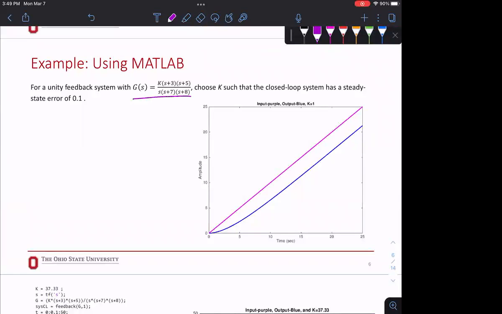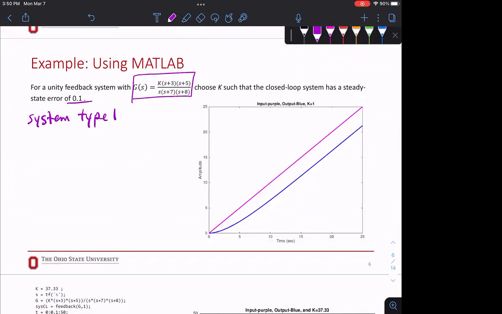Your G of S, let's say, is K times (S plus 3)(S plus 5) over blah, blah, blah. What system type? System type 1, right?